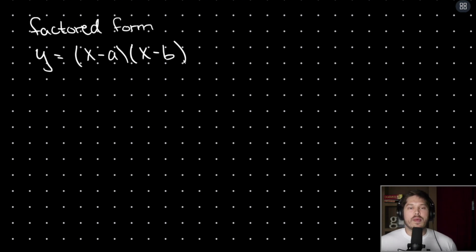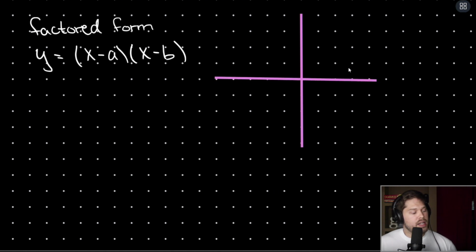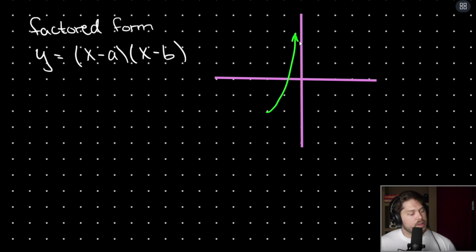Okay, and how can we find the vertex? Well, there's actually kind of two ways to solve these problems. One, I want you to remember that a parabola looks something like this. Here, let's just make something up.